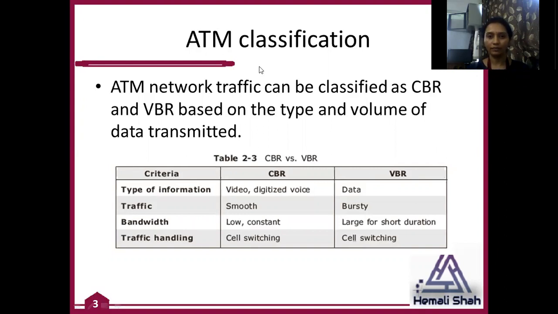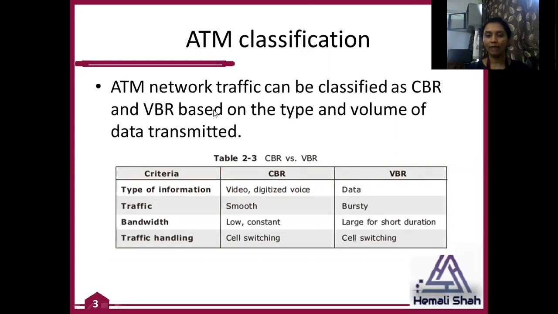ATM traffic is classified into two categories. First is the CBR category. CBR means constant bit rate, and the second is the VBR category. The full form of VBR is variable bit rate.